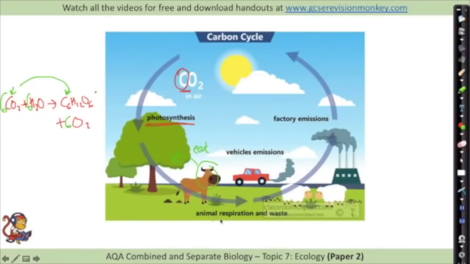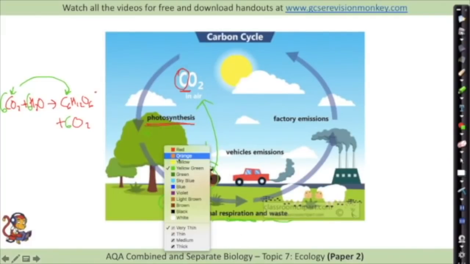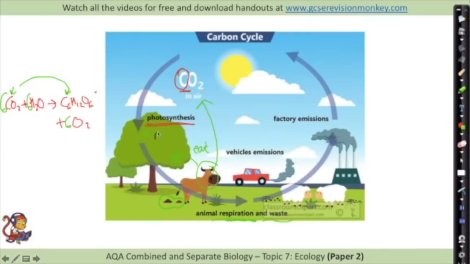Animals will then both respire and produce waste, so some of the carbon will be in the waste here, but it'll also be released by the animal as CO2 when the animal respires. Plants also respire. So the respiration from animals and plants will again release CO2 back into the atmosphere.